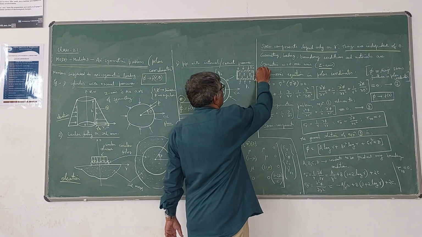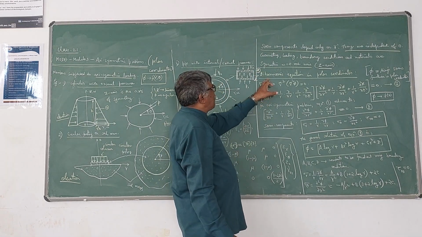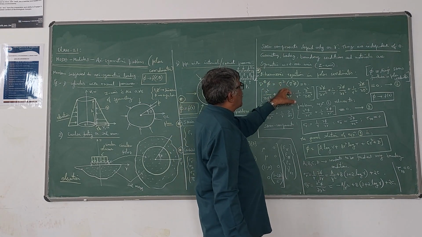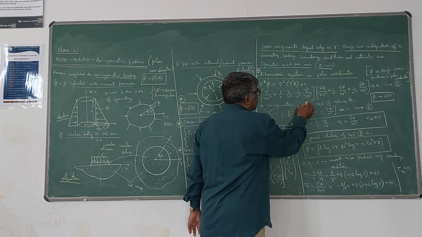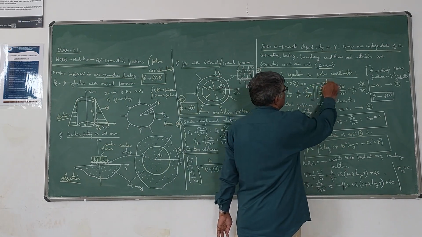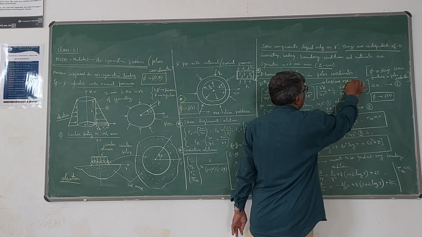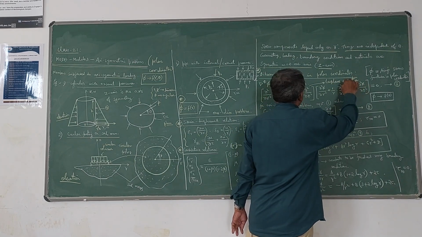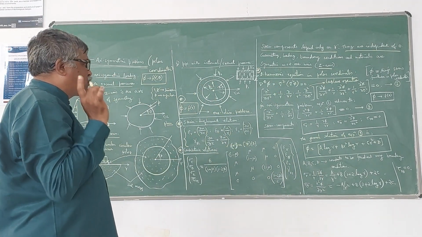So the biharmonic equation in polar coordinates can be expressed as del power 4 phi is equal to del square of del square phi is equal to 0, where del square is this. This is called the Laplace operator. So in the case of Cartesian coordinates, this del square will be dou square by dou x square plus dou square by dou y square. That's all.